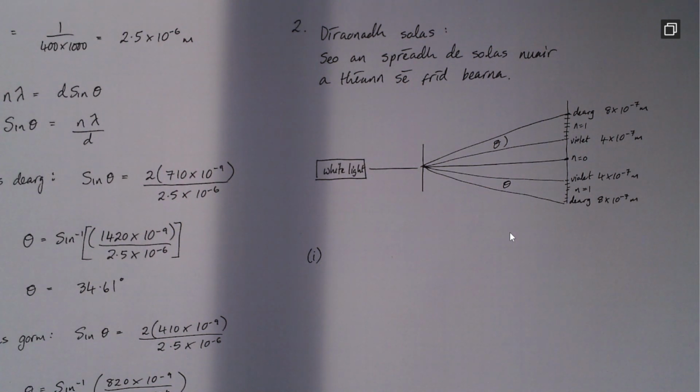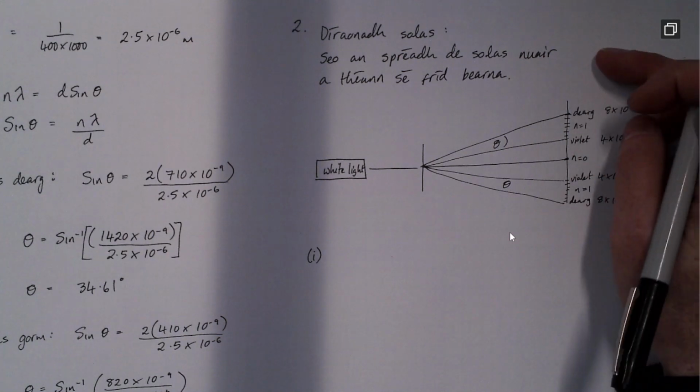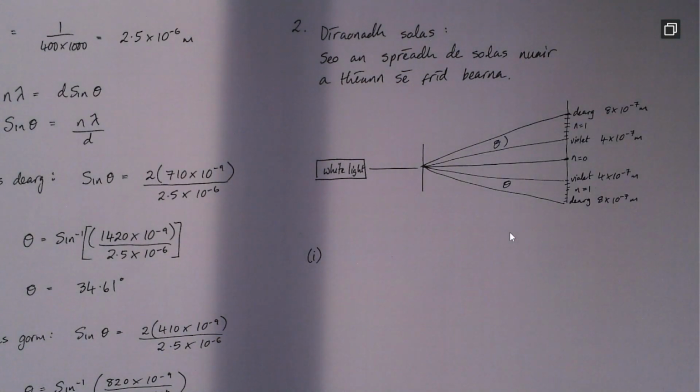So the angle has to be twice as wide for the second order, and for the third order it has to be 3 times wider. Do you see what I mean?